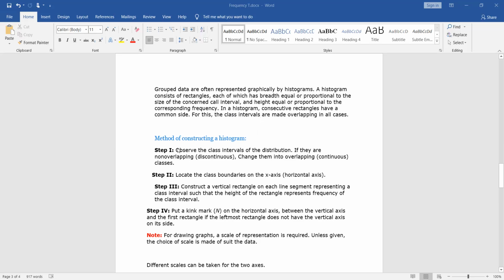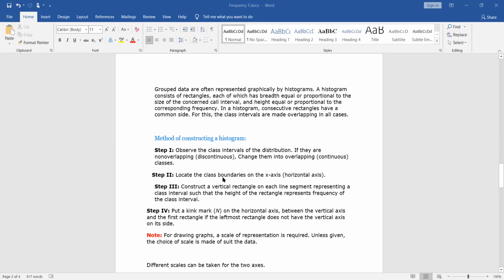The first step of the construction of a histogram: observe the class intervals of the distribution. If they are non-overlapping, discontinuous classes, change them into overlapping continuous classes.